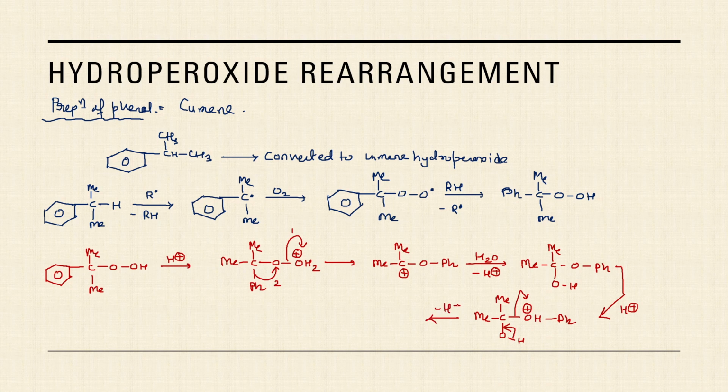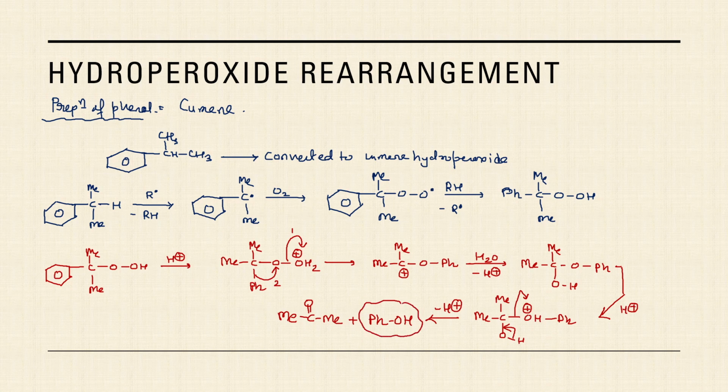We remove a proton. We had added a proton, we remove a proton, and we get MeC double bond O, Me plus PhOH. So आपको phenol मिल गया.